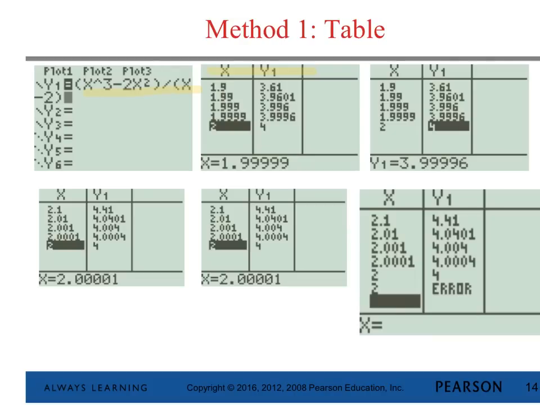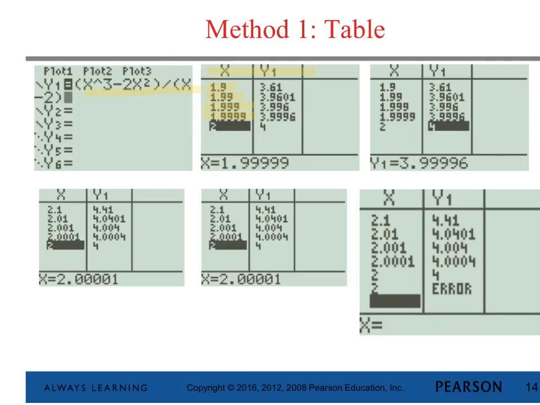When you enter your values in the table, you will go from 1.9 and see that the value is 3.61. Then you'll enter 1.99 and see that the value is 3.9601. If you enter 1.999, you'll see that the outcome is 3.996. And if you enter 1.9999, you'll get 3.9996.